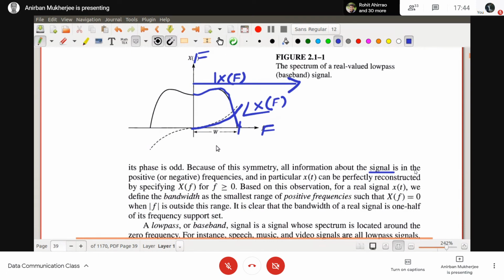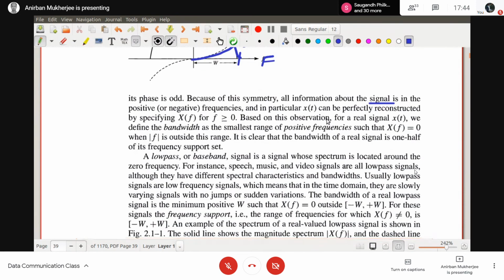If we know these things, that is sufficient. A low pass or baseband signal is one whose spectrum is located around zero frequency. Speech, music, video signals are all low pass signals.